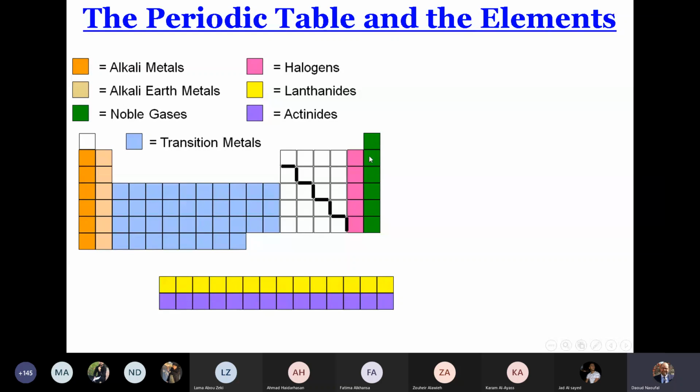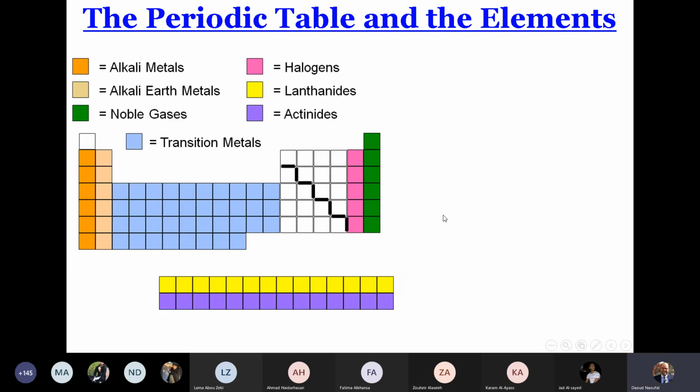And group 8 or column 18, in green, is the noble gases. The elements that end by d are called the transition metals, and the elements that end by f are called the lanthanides or the actinides.